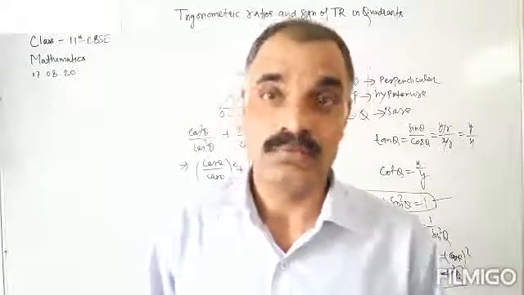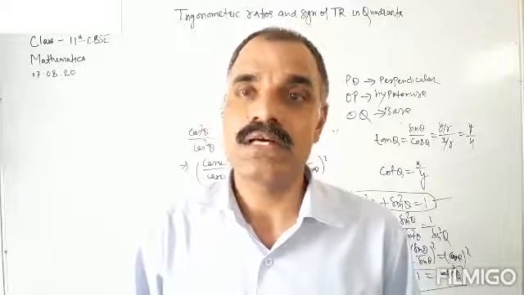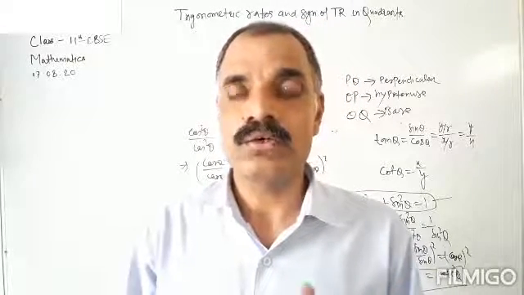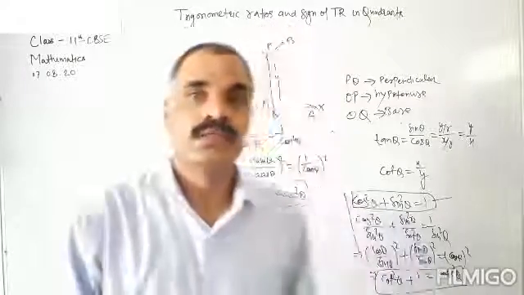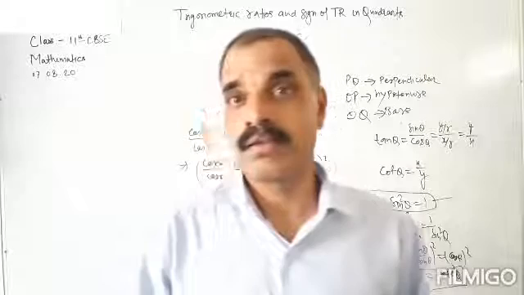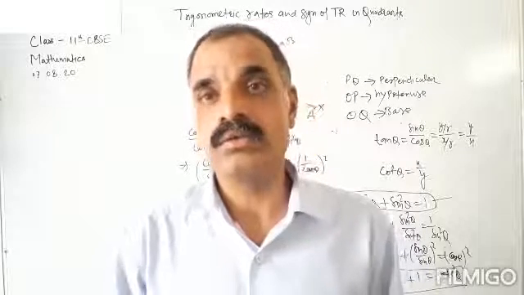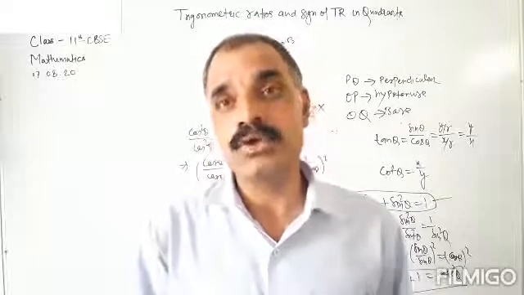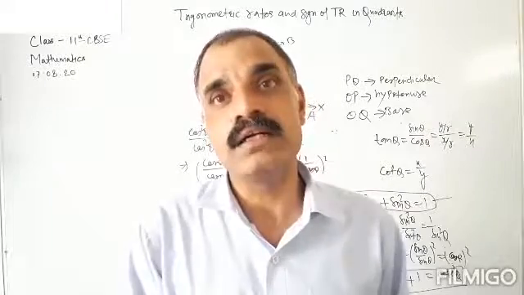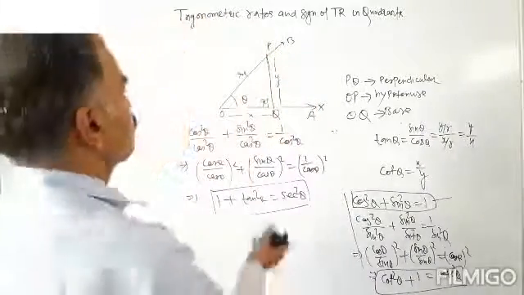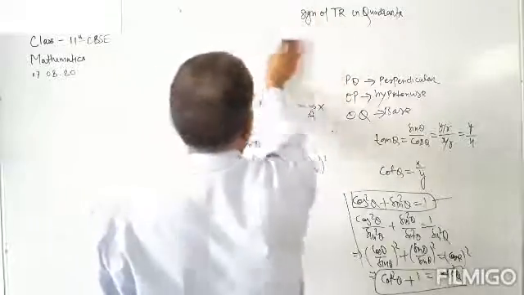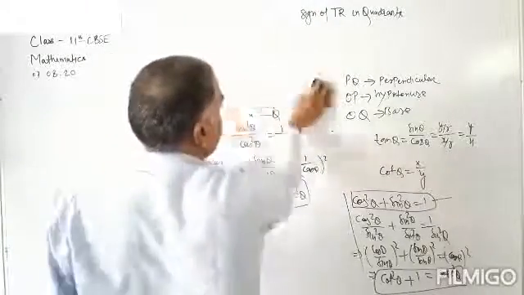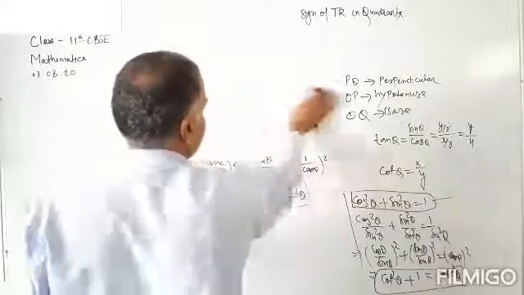Okay, now we will discuss the sign of trigonometric ratios in different quadrants. So this is a new topic that I am going to tell you: sign of trigonometric ratios in different quadrants.